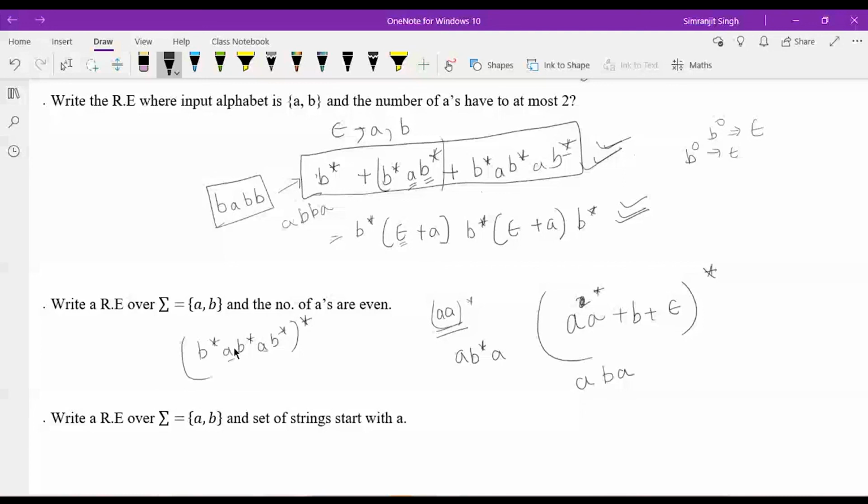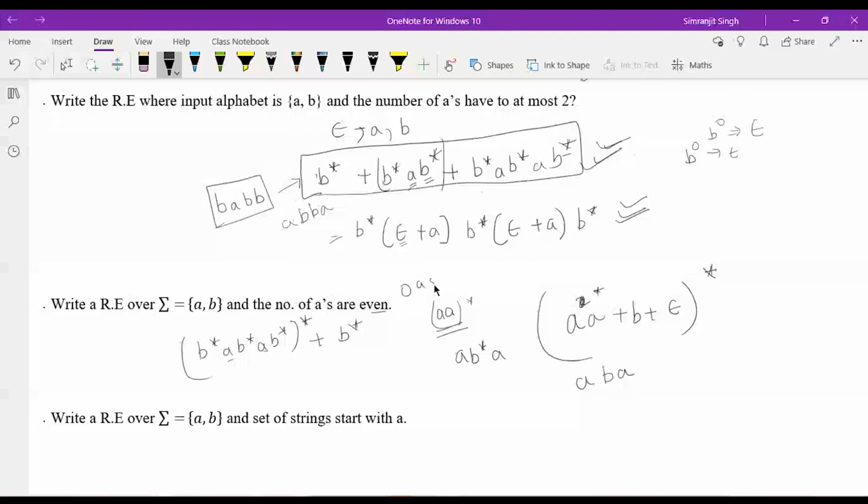So that is correct. I think that is absolutely correct. But because number of A's are even, so zero A's are also possible. So I think there is only one thing needed, that you should take care of the B star also. Okay, so any number of B's can also come because number of A's are even. It means zero A's is also even. So just add a little bit. I think that is correct.